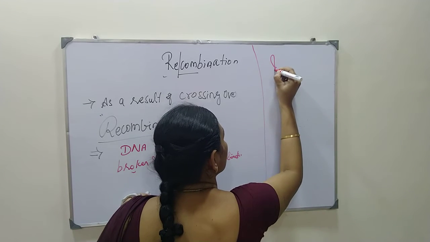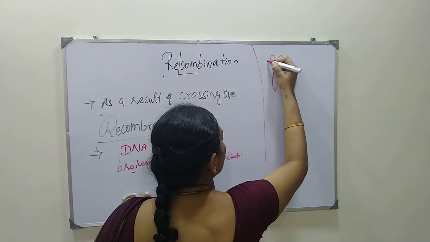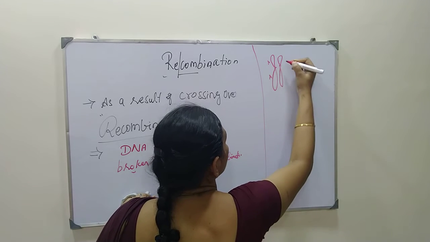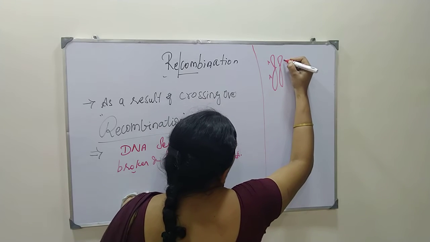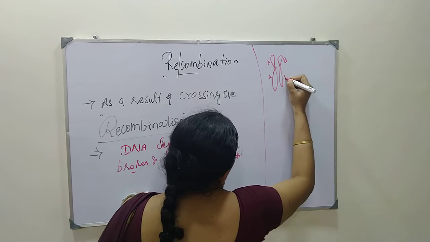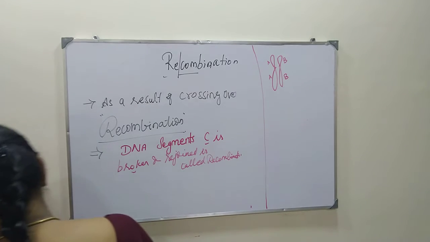Suppose this is capital A, capital A, capital B, capital B. This is one segment.